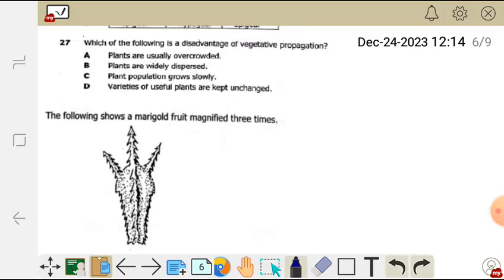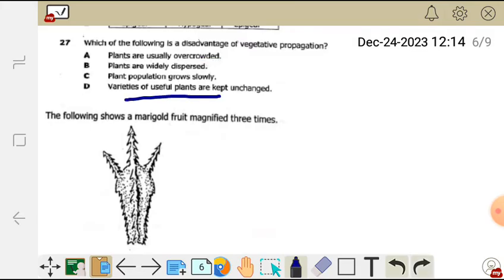So in bananas, for example, you observe overcrowding of plants in one area. That is a disadvantage, okay, because those plants will be fighting for nutrients, will be fighting for sunlight. So that is a disadvantage which is observed.